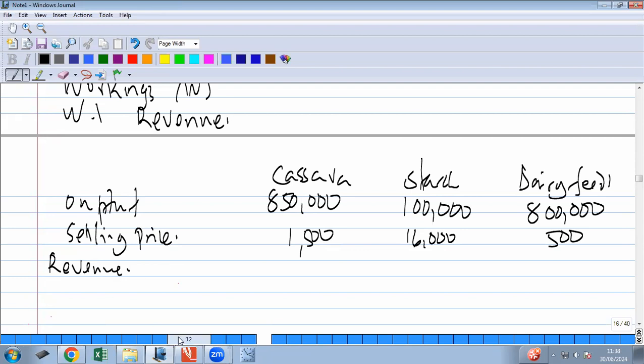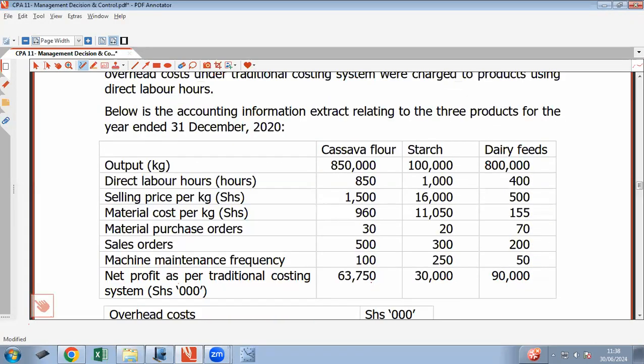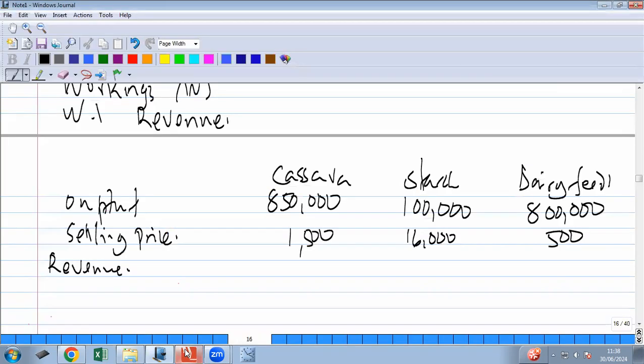Did they give us in thousands? We need to be very careful with the level of precision. They have not given us, but here they have given us the overhead cost in thousands, right? So we can also make our answers in thousands. So we can say this is in thousands, and also on the template you give in thousands.